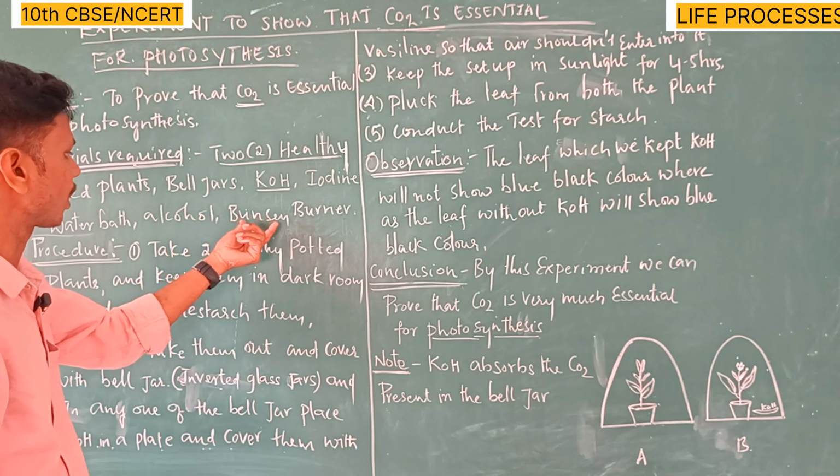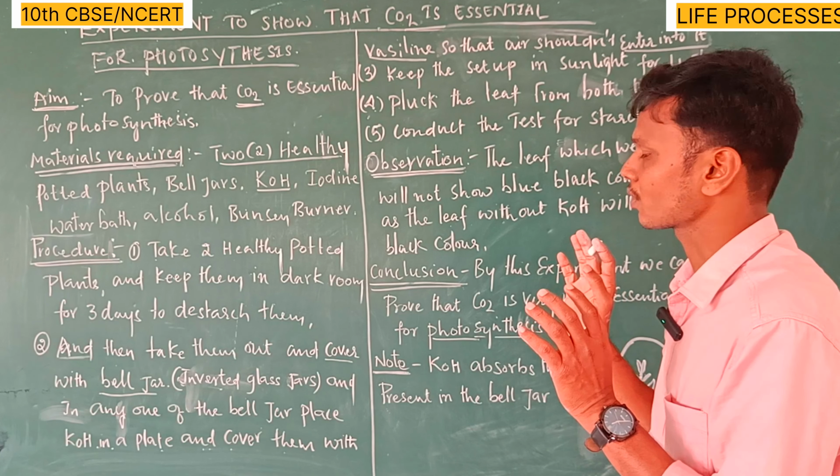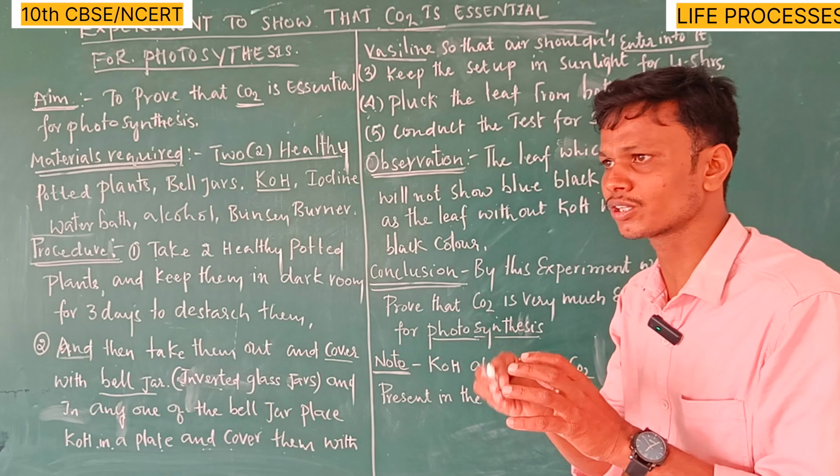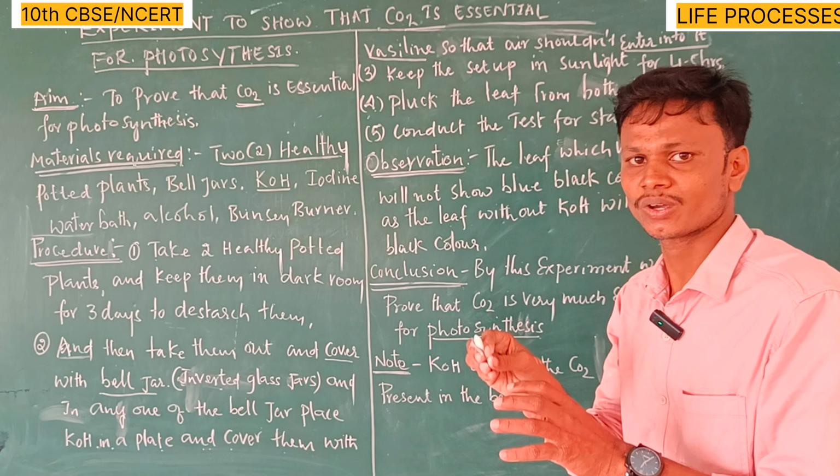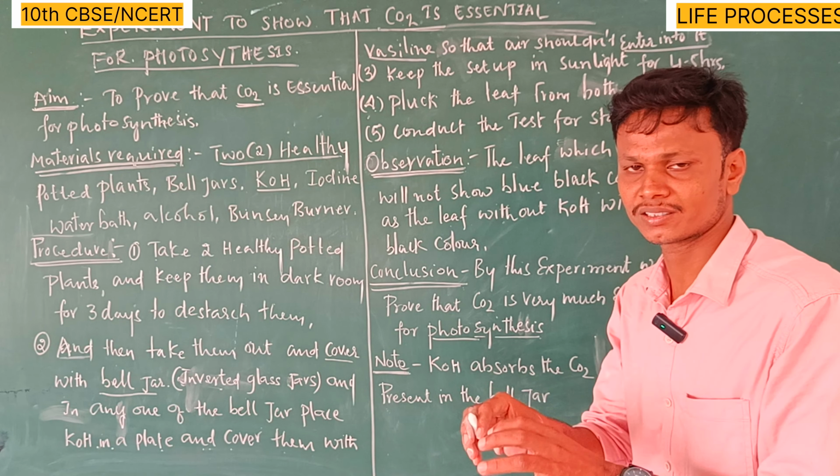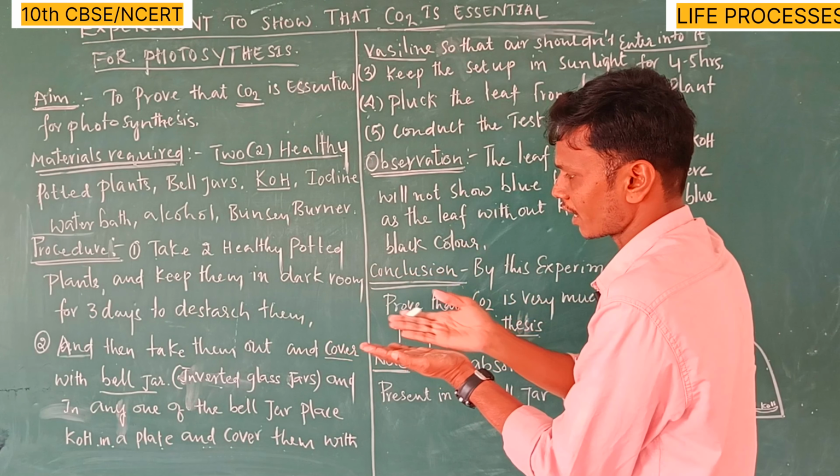Once after keeping KOH in it, you should apply Vaseline to seal it so that air does not enter the bell jar. Otherwise, if air enters the bell jar, our experiment will go wrong. To avoid that, we should apply Vaseline on the bottom side.